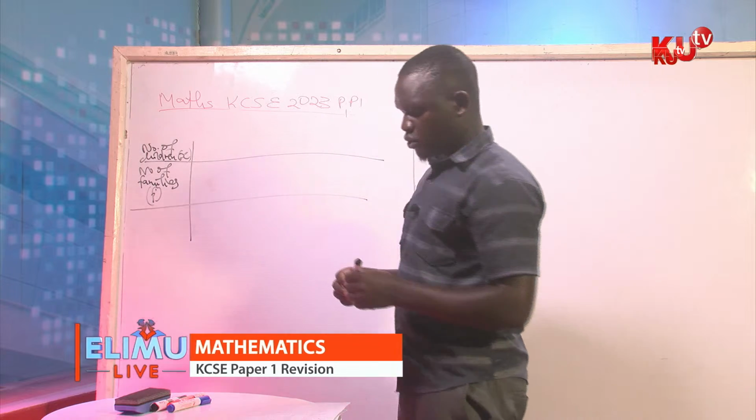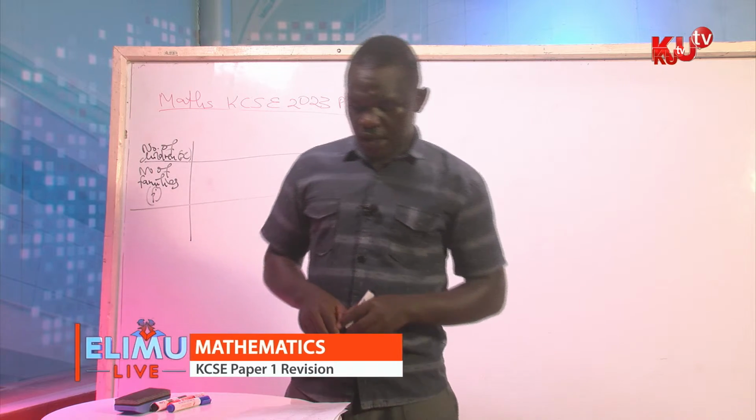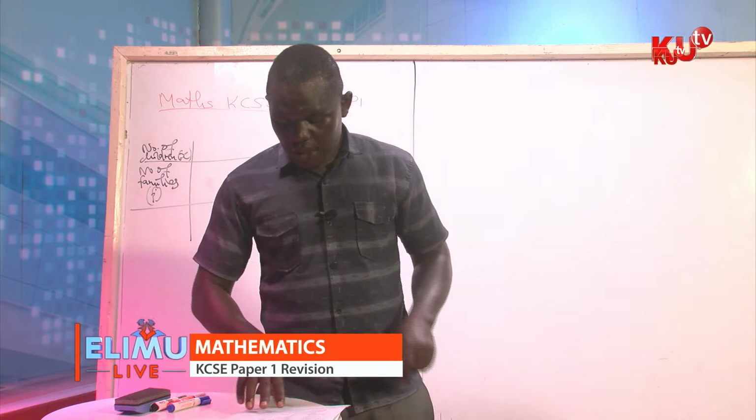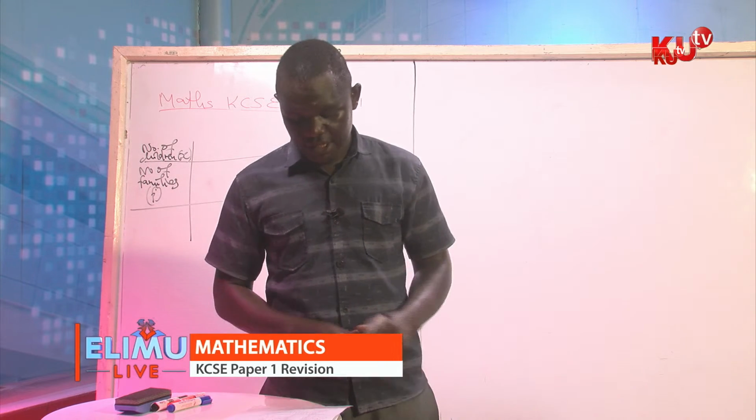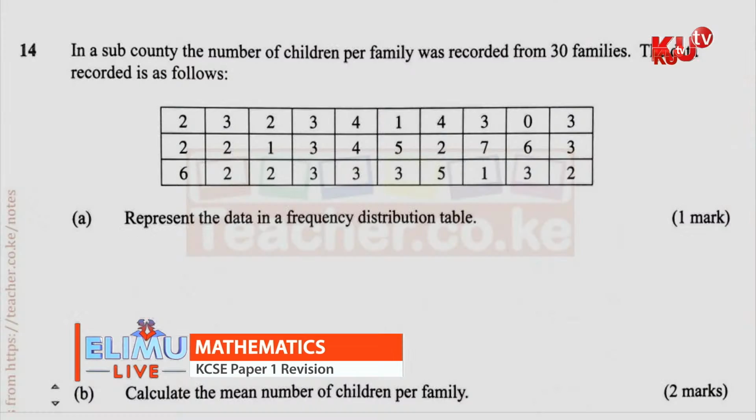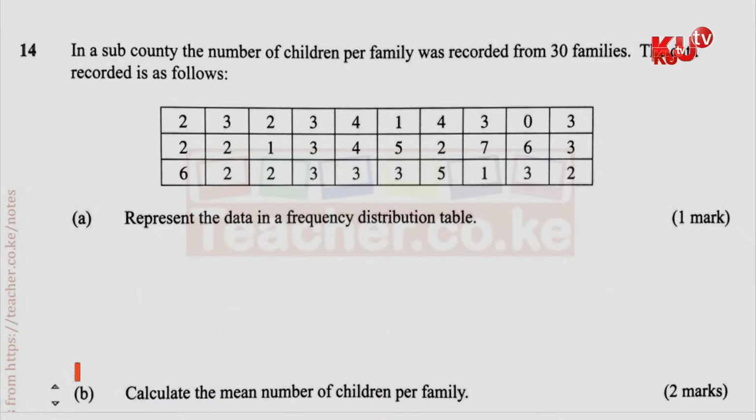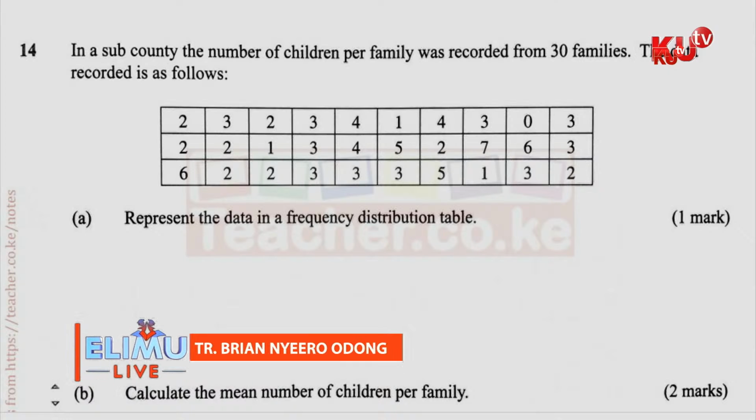So let's look at how many families had 0 children. For the number of families with 0 children, how many families do we have? You count at 0. How many families have 0? You only see 1. So it's only one family that had 0 children. So that's how you do it.